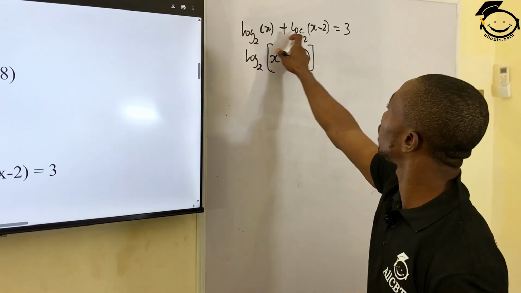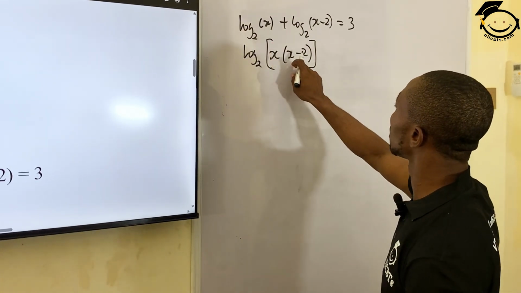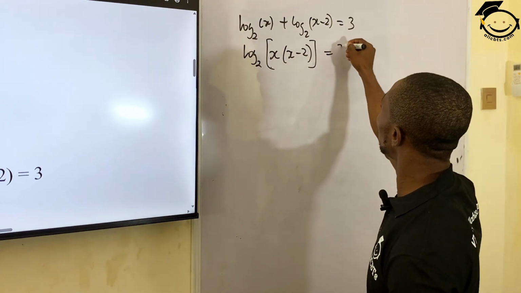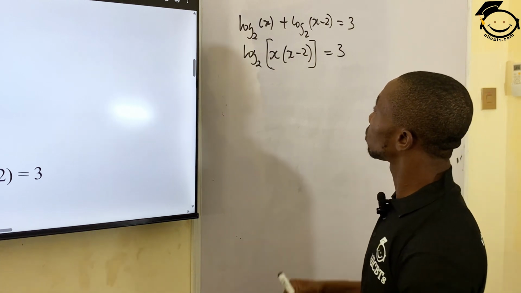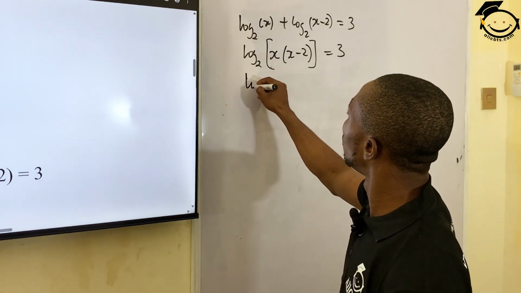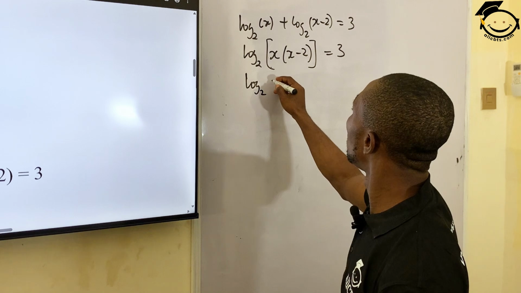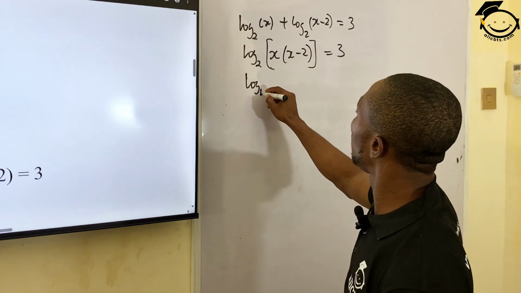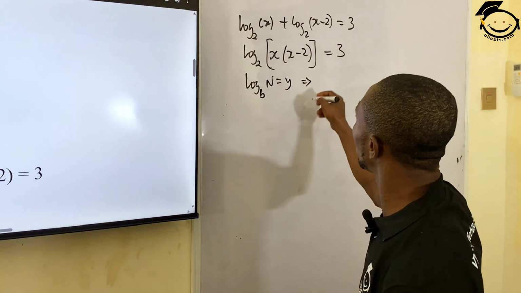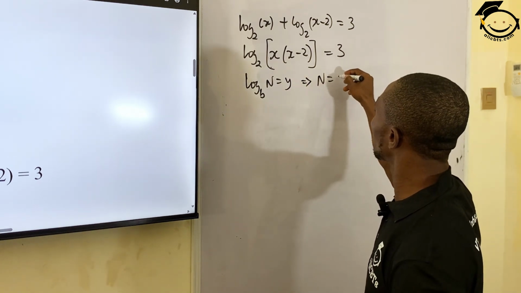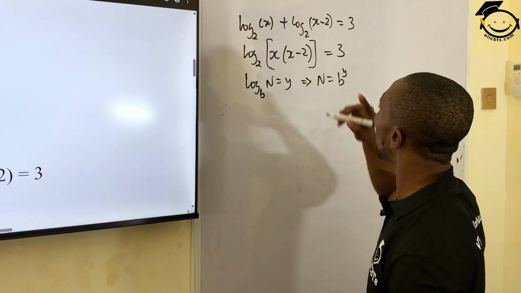Now, let's remember that we have log_b n equals y, which when rewritten gives us n equals b raised to power y.